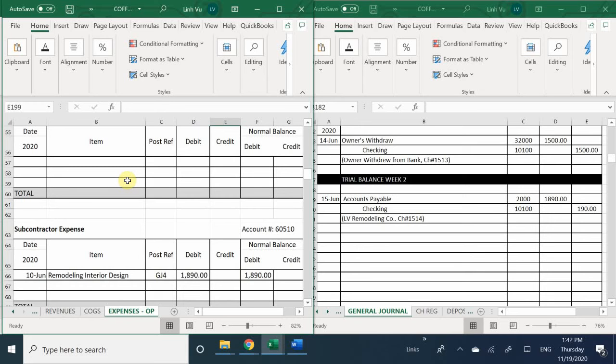So this is where this is wrong. The difference now that we're established as an accrual basis is that this right here is just telling me that the job has been done. This is just telling me that I had a subcontractor expense, as in this job has been done.